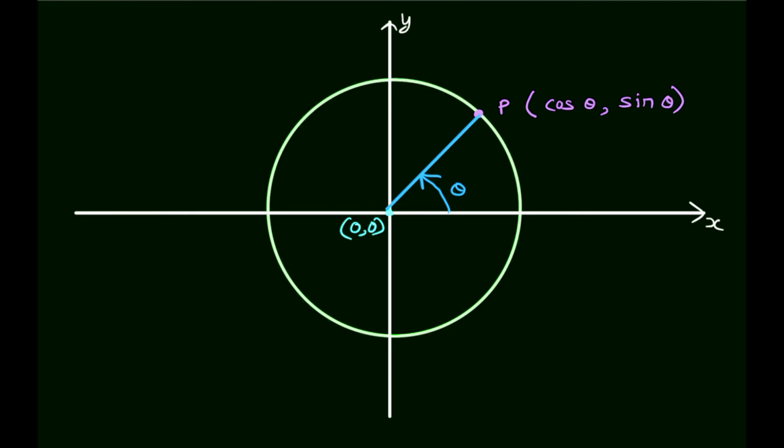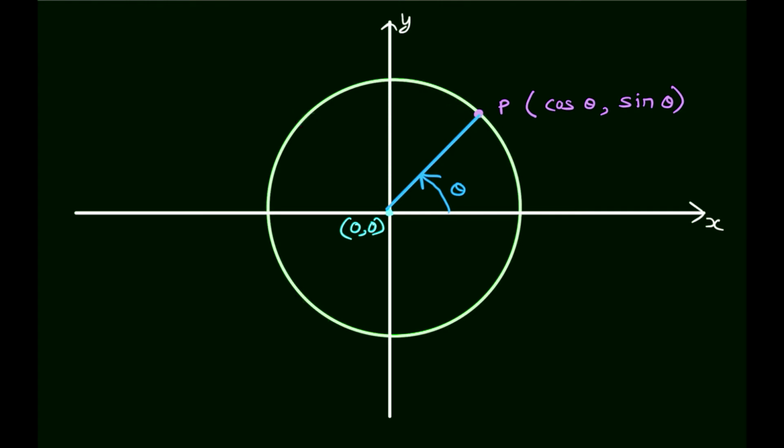Now let me take another point on this unit circle, which is exactly opposite to point P in this region. So exactly opposite means that another point on this unit circle that I will be taking will be over here.